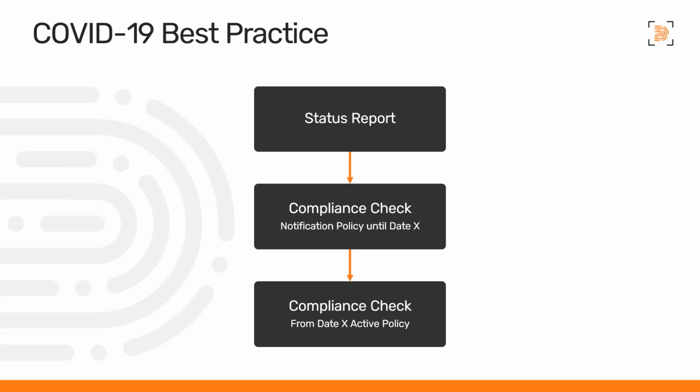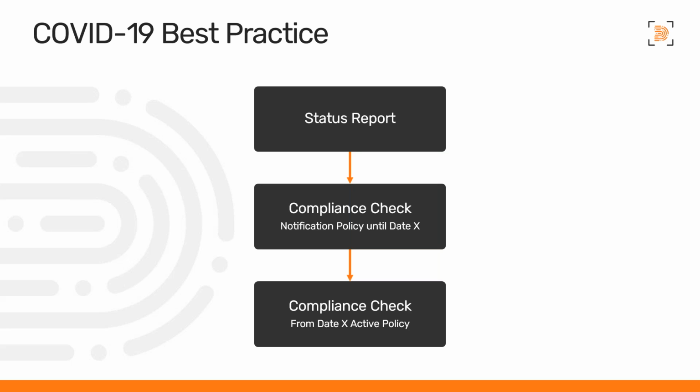And if I have a status, then I define my compliance check, but I do this only in notification mode, as you have seen in my first demo: just a pop-up that says, hey, until February next year this is fine, but please enable your firewall. From February onwards, we have a really hard policy again, where you don't get access if your device does not meet our requirements.